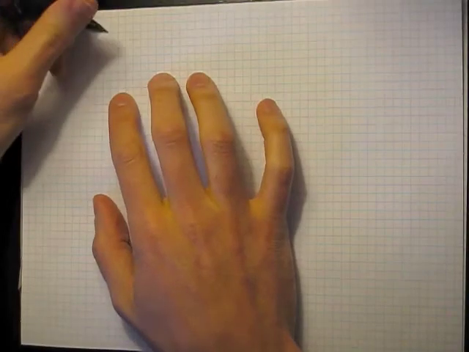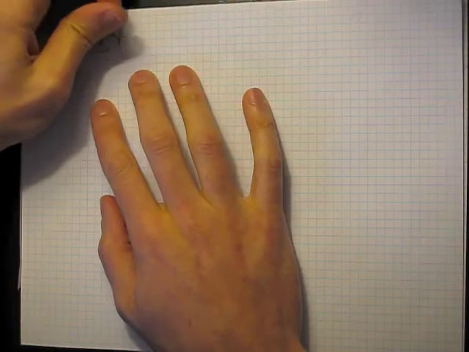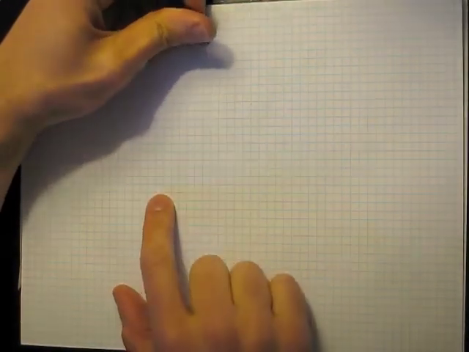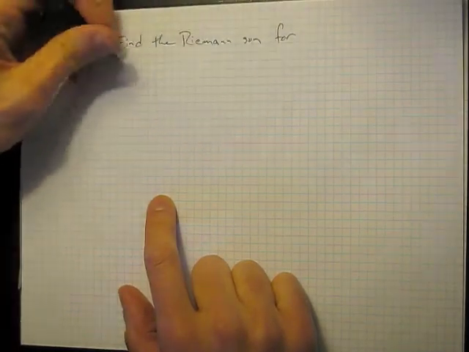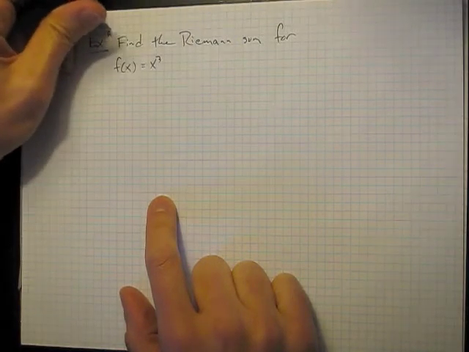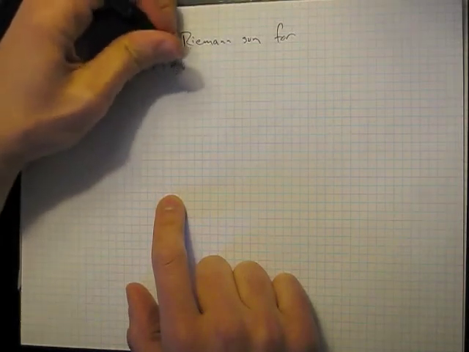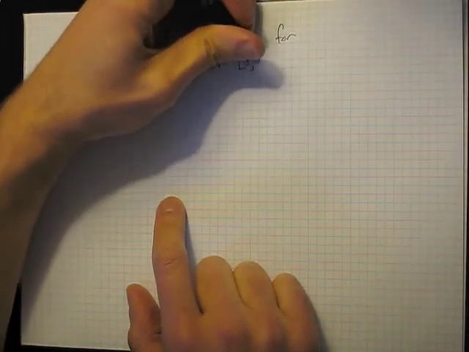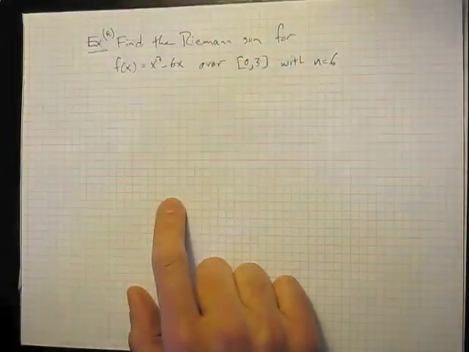Okay, so let's do an example. Find the Riemann sum for the function f of x equals x cubed. So this is going to be a 2-part example. Part A is find the Riemann sum for the function x cubed minus 6x over the interval from 0 to 3 with n equals 6.